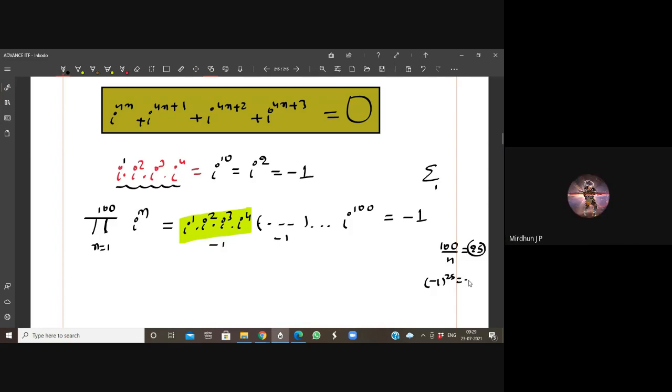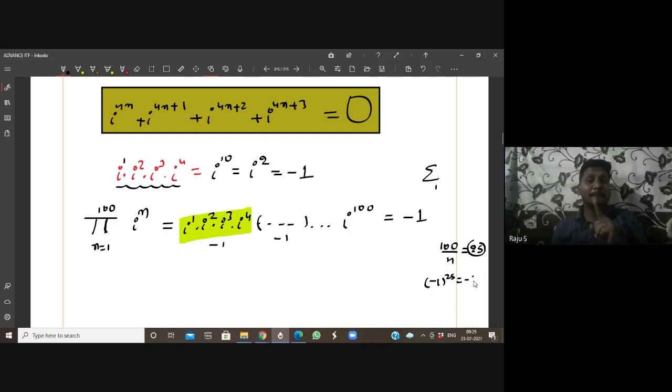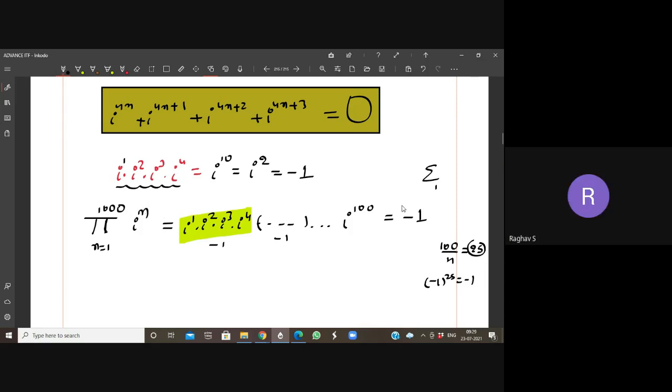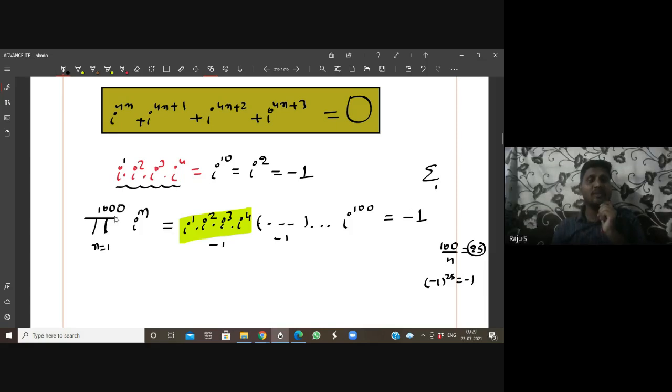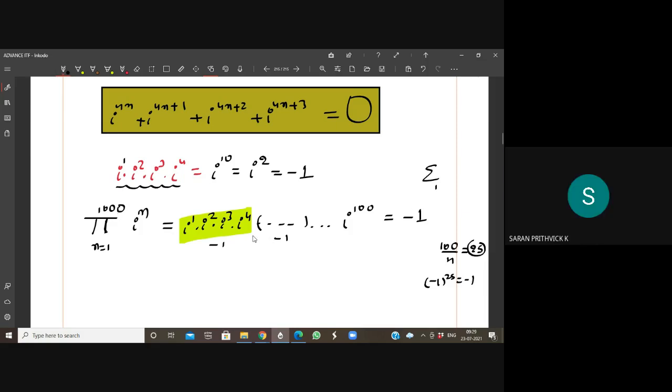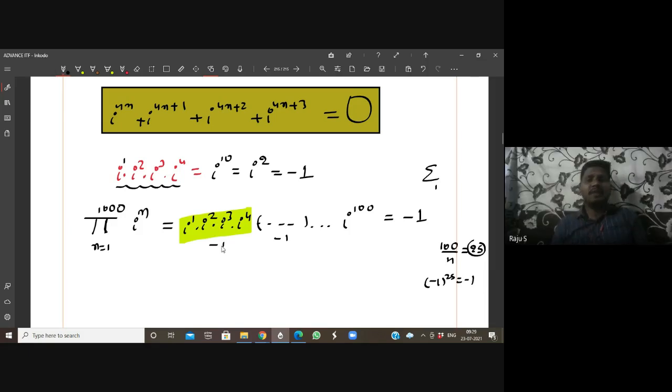Minus 1. If it is an even number only, it will be plus 1. When I give 1000 instead of 100, the answer is 1, because when we divide 1000 by 4 we get 250, and minus 1 whole power 250 is plus 1.